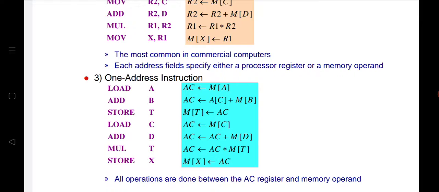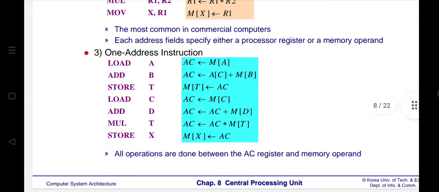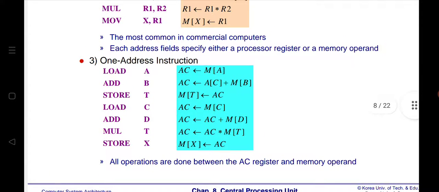I need to store this result in the memory address X. So store X means you are going to store the accumulator contents in the X memory address. This is your one address instruction, where I am having only one address, and all the operations are done between the accumulator register and the memory operands.